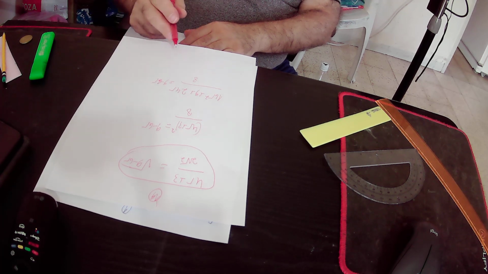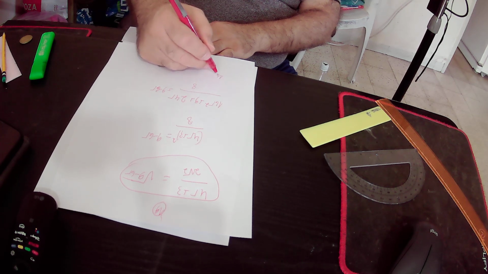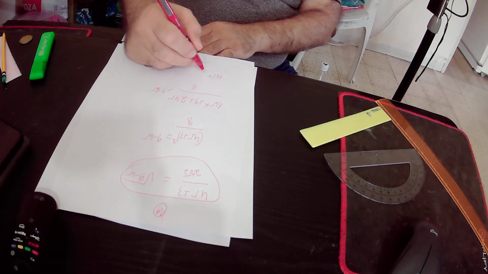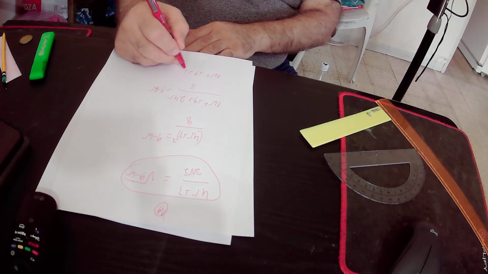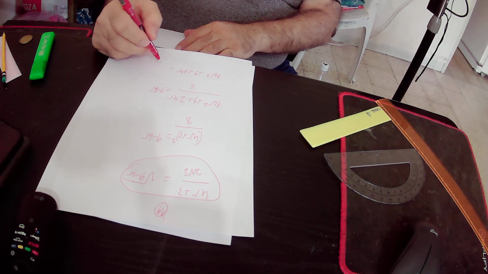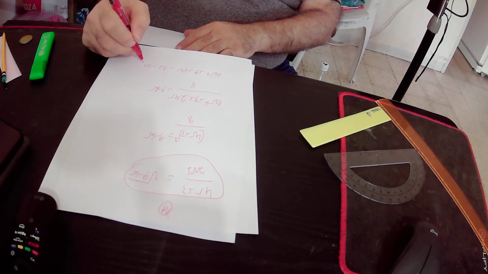Here we will multiply this equality by 8, and we will get that 16r squared plus 9 plus 24r equals to 8 times 9 is 72. 8 times minus 6 is minus 48r.